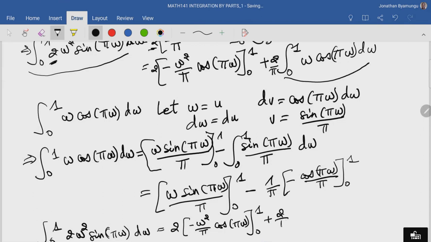Plus 2 over pi multiplied by that integral, which we found to be w sine of pi w divided by pi evaluated between 0 and 1 minus 2 over pi multiplied by that. So we have minus minus, so that's a positive 2 over pi cubed, right? We have 3 pi's now.